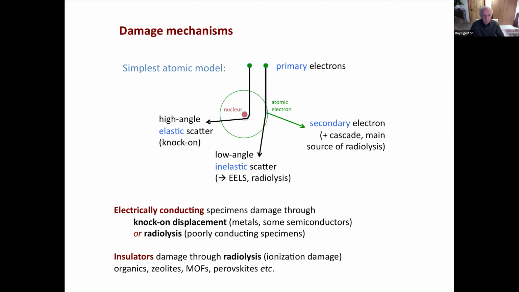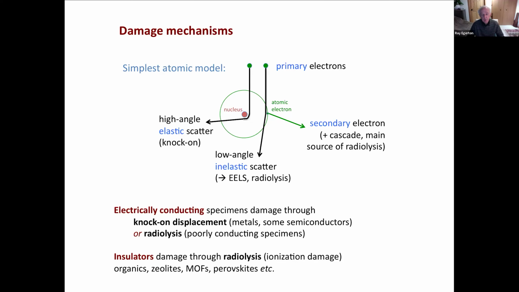That results in deflection, scattering through angles, typically tens of milliradians. But once in a while, quite rarely in fact, you get a high angle scattering, such as 90 degrees, and that can transfer appreciable energy to an atomic nucleus. And so we can have what is called displacement damage or knock-on damage.